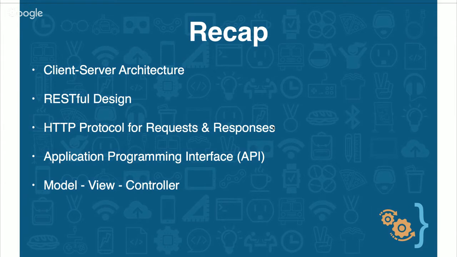We described what an application programming interface is, what it provides people: an interface, or a descriptive way of how to access data from a secondary data source. And we talked about model view controller. I don't think we talked about it enough or in a clear manner, so we'll go back to that.